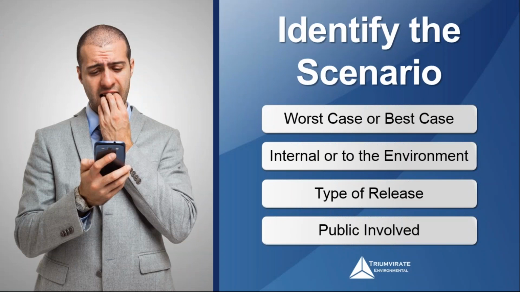So to identify the scenario, you may want to look at worst case versus best case. Now, a lot of people go right to their worst case scenario, and that's a great thing to train on. But the question of why do best case? If you're at a facility where you don't have people that are buying into doing mock drills, or they don't really want to talk about emergency response, you don't get much buy-in, you may want to do a best case scenario, because a best case can show people how a good response will go.